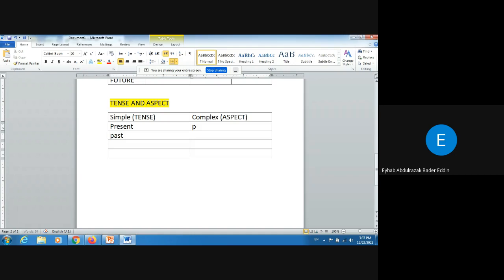For example, we have progressive, and we said that progressive is the same as continuous, and that could be either past or present continuous. If it is present progressive or present continuous, we have, for example, I'm writing. If we're talking about past progressive or past continuous, then was writing. This is just an example. Is that fine?